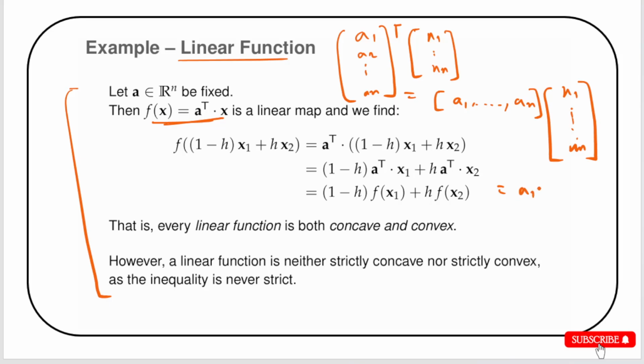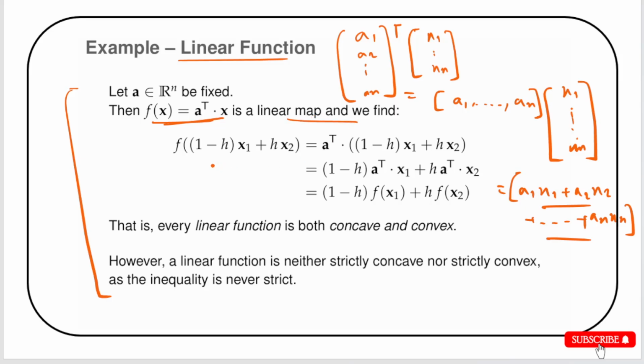And if you multiply, it will be a1x1 plus a2x2 plus up to anxn, in this way, right? So this is also a linear function in the vector form, because every element is taken from Rn, the n-dimensional real space, right?